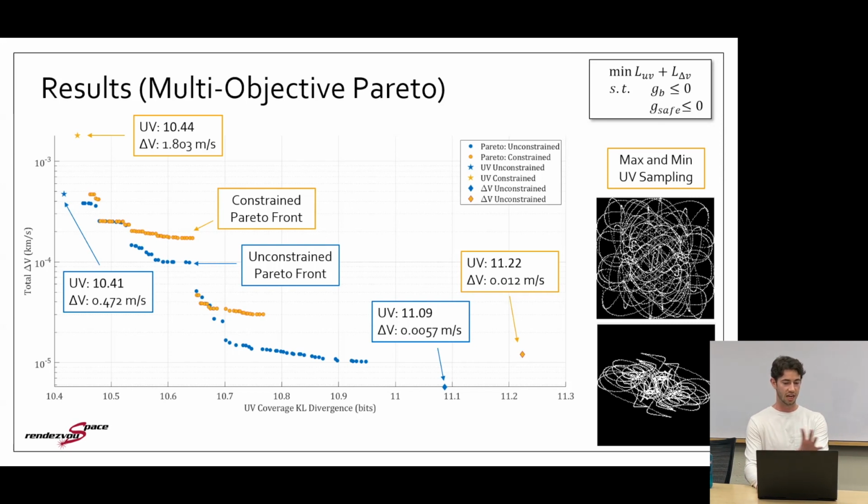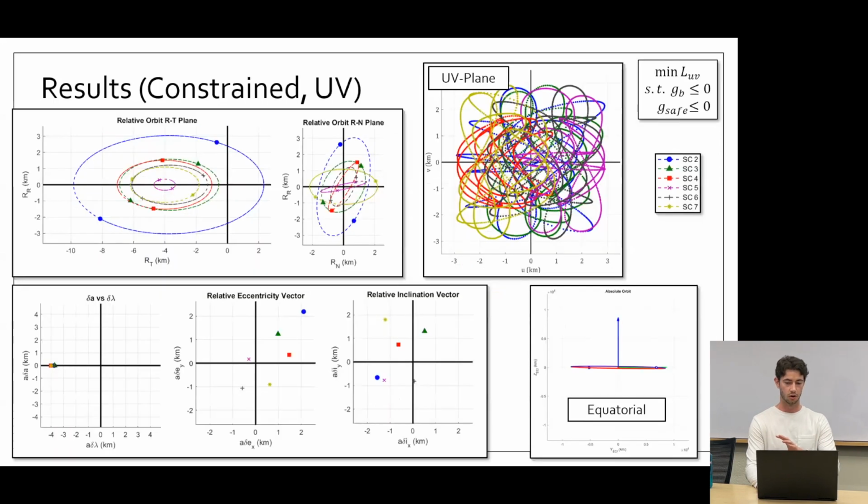So let's look at a couple of the actual solutions. We looked at this in objective space, let's look at this in solution space. So this is all of the results for the best UV coverage in the constrained case. This is the UV plane coverage we just saw. We'll start looking at the absolute orbit. As I mentioned earlier, our circular orbit projects onto the plane as an ellipse of some sort.